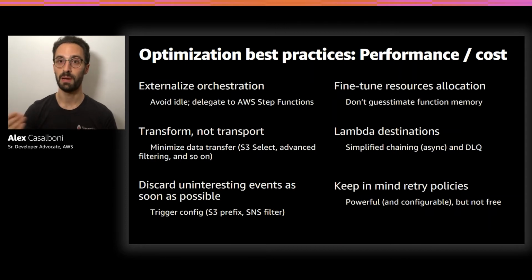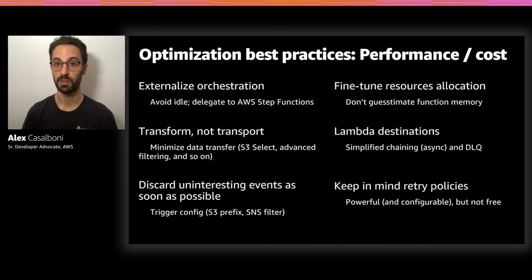If you need to publish a message on an SNS topic or put a message on an SQS queue, it's not just code that you need to write, but it's also execution time of your function that you don't need to pay for. So if your execution time is pretty close to 100 milliseconds and you want to go down one level to less than 100 milliseconds, sometimes using destinations allows you to shave off those 10, 15, or 20 milliseconds that are needed to put the data where it needs to be.